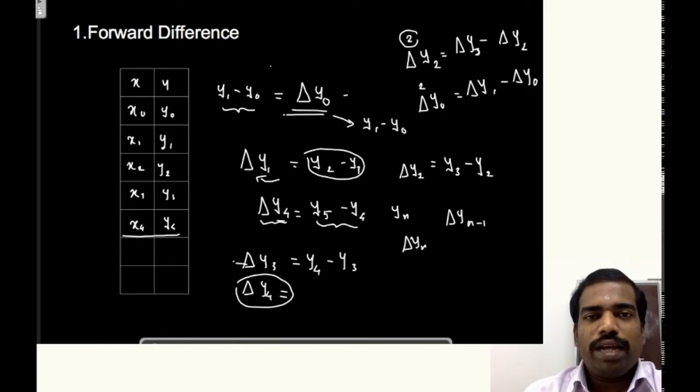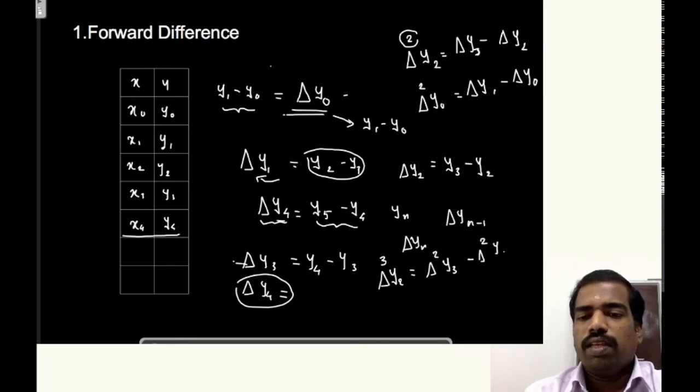We learned how to write the first order forward difference and the second order forward difference. Similarly, you can say what the third order forward difference is. If it is delta cube y2, it is delta square y3 minus delta square y2. Now you have to find out delta square y3.